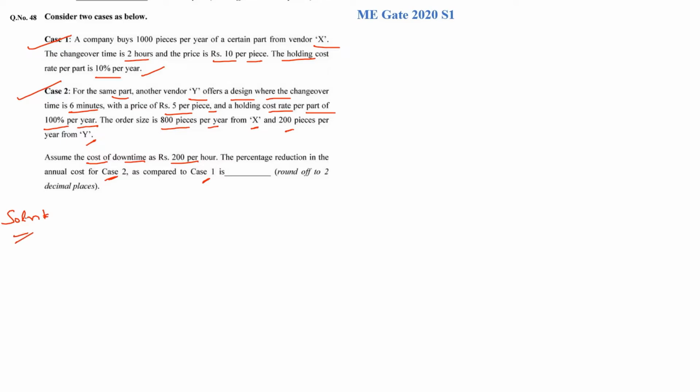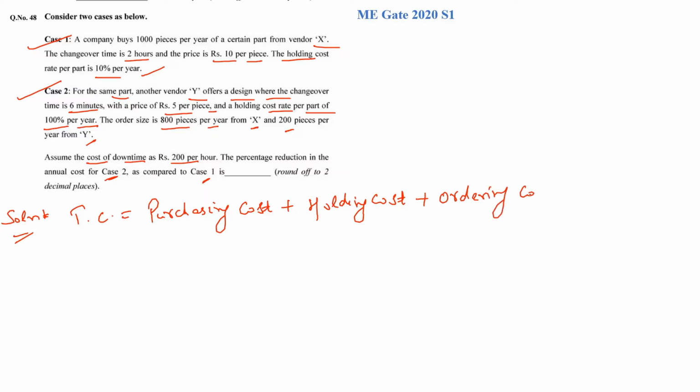So before starting the question, we all know that total cost is equal to purchasing cost plus holding cost plus ordering cost, right? There are formulas for it.